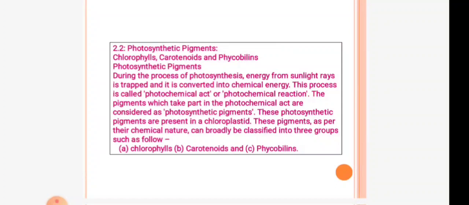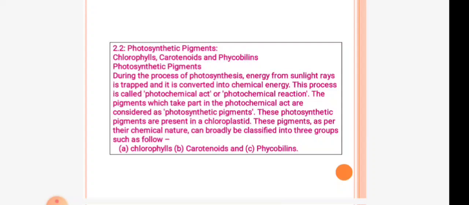Then we will study about photosynthetic pigments, chlorophyll, carotenoids and phycobilins. Photosynthetic pigments are involved in photosynthesis. Energy from sunlight rays is trapped and converted into chemical energy using these pigments.